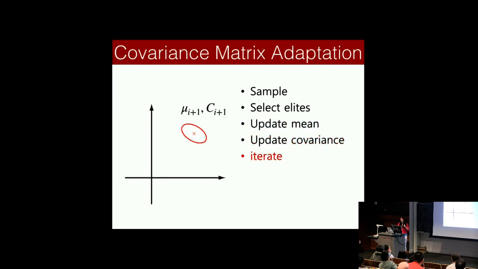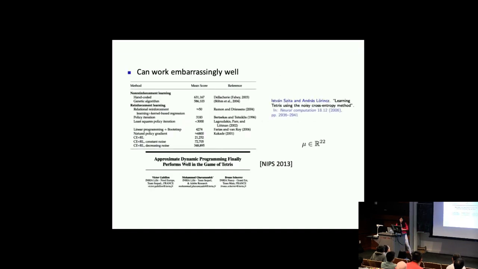And this is called covariance matrix adaptation and has been used quite a bit in the graphics community to optimize their policies for making characters that move around, and these policies are usually very low dimensional, like 22 or 100 parameters, okay? And usually, whenever we talk about CMA-ES, covariance matrix adaptation evolutionary strategy, we use the word embarrassingly.